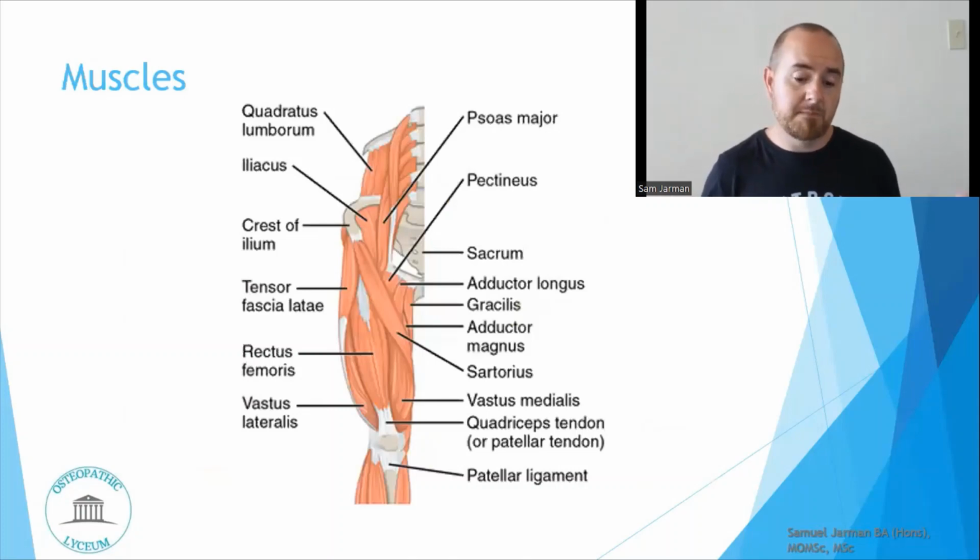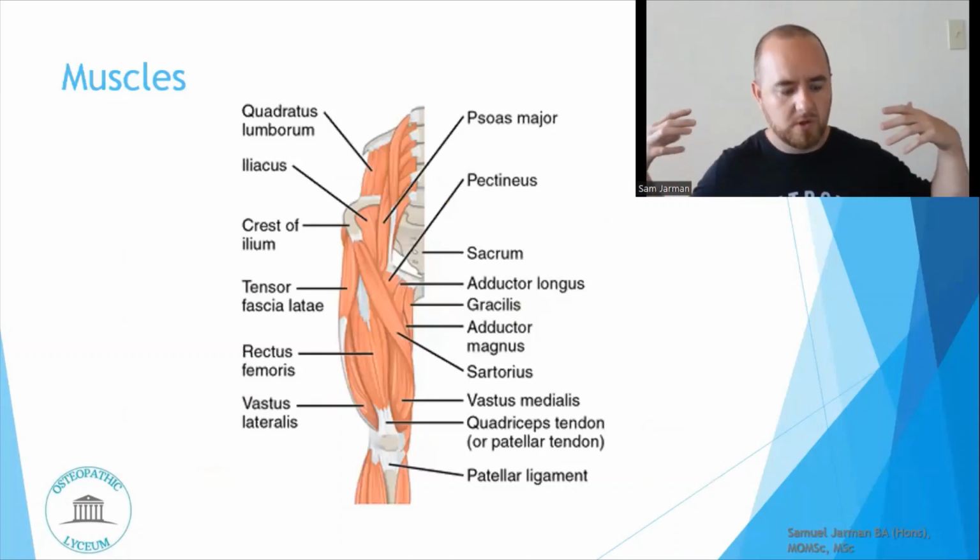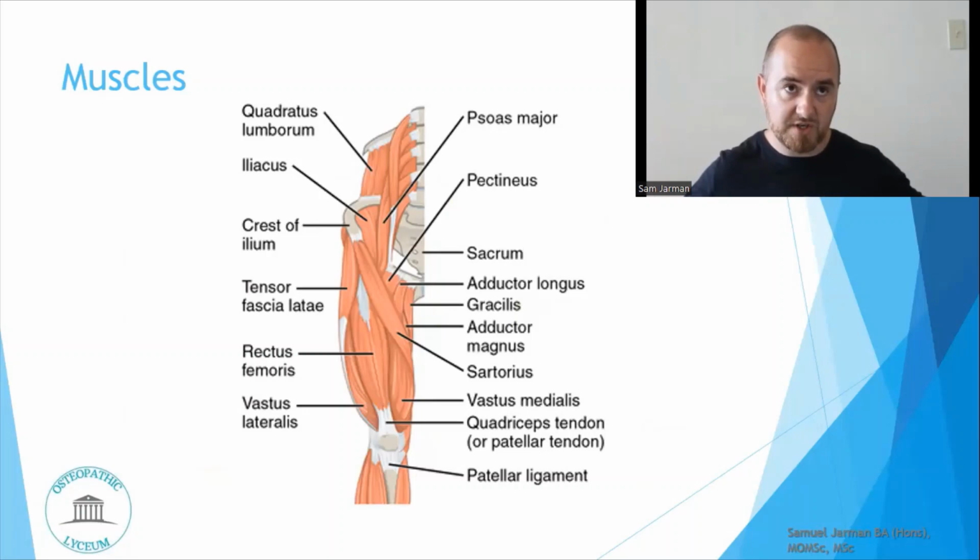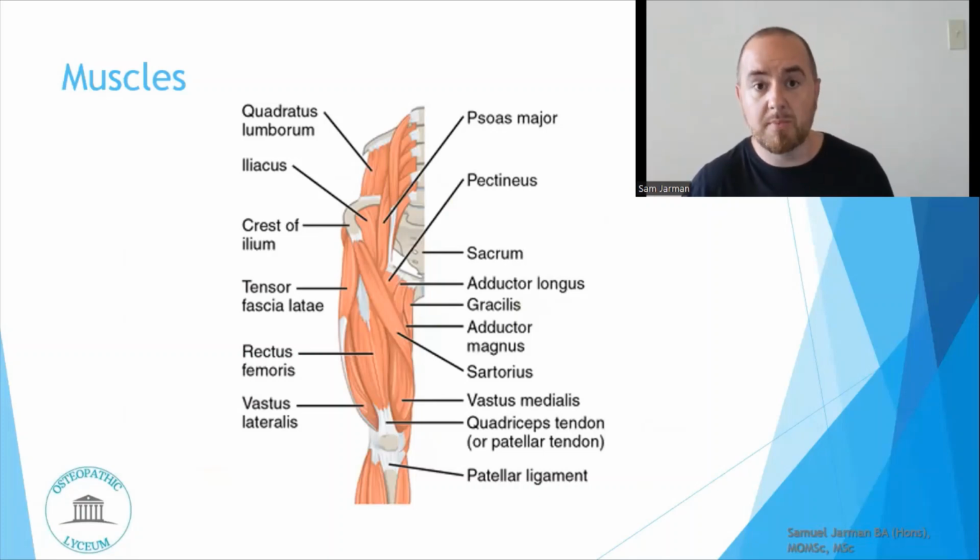With respect to the muscles for hip flexion, we're actually looking at a lot more muscles than many people would immediately discuss. The muscles that people would immediately discuss are primarily psoas major, sometimes psoas minor, iliacus, or the iliopsoas, the rectus femoris, and some people would talk about sartorius pretty quickly.